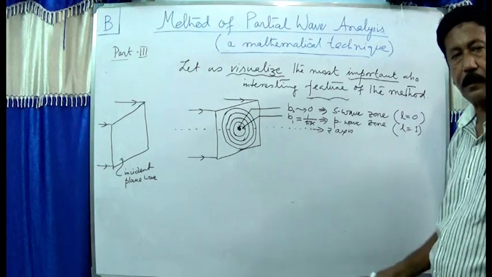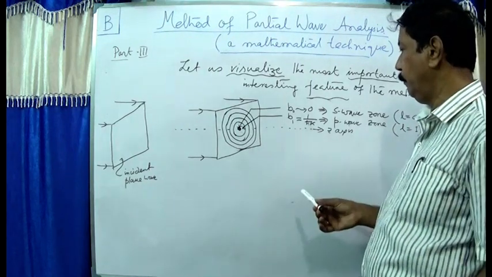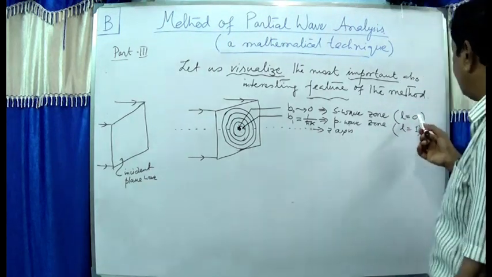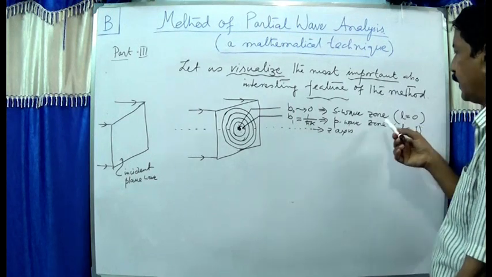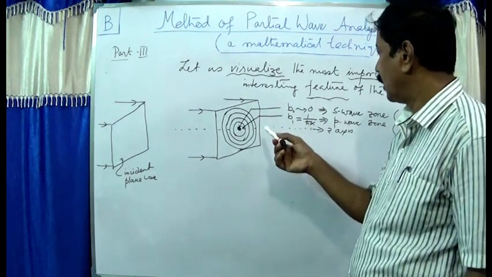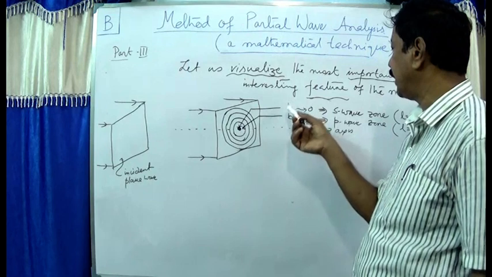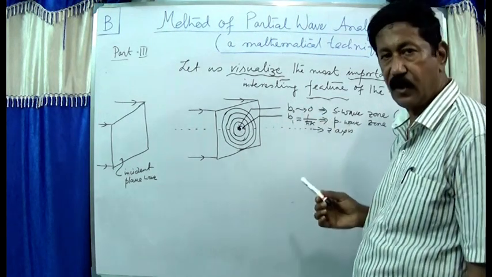If the L value is 0, this is a zone where the impact parameter is almost 0 in dimension.